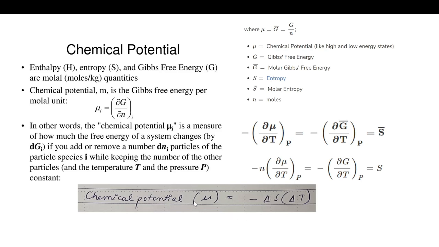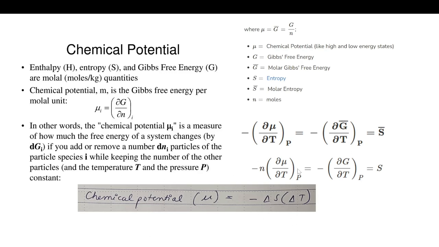So the chemical potential is equal to, and this is a derivation, you need to write the formula of del G, then break all the terms of enthalpy and entropy, and take del on the left hand side and right hand side, and you will come across this formula: minus delta S multiplied by delta T is equal to your chemical potential.